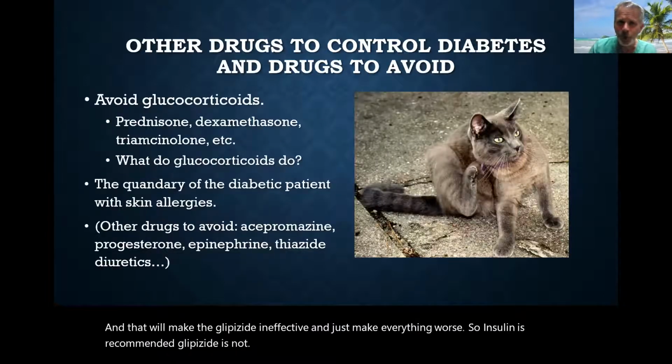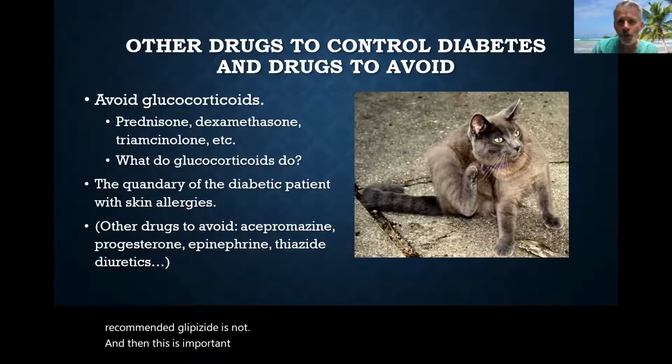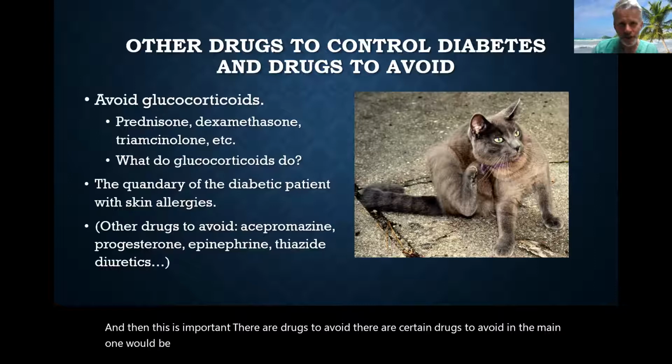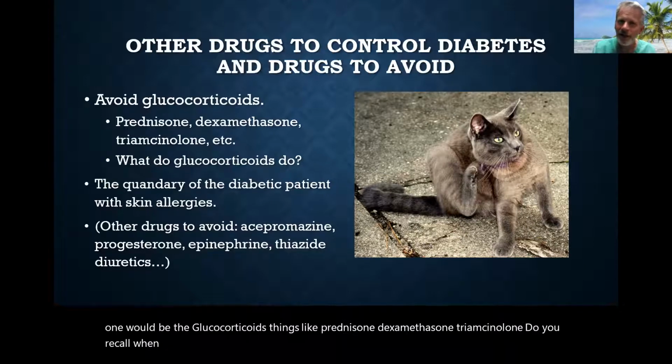And then this is important. There are certain drugs to avoid. And the main one would be the glucocorticoids. Things like prednisone, dexamethasone, triamcinolone. You recall when we learned these are generally used for controlling inflammation.